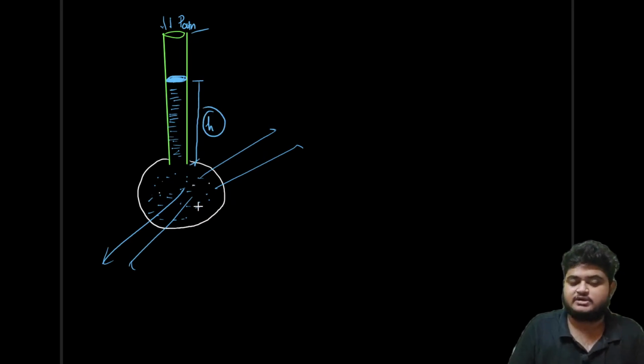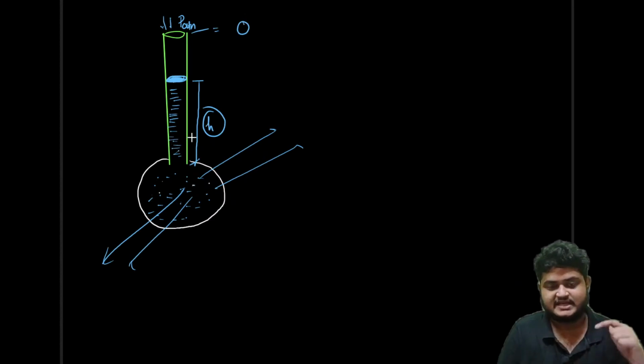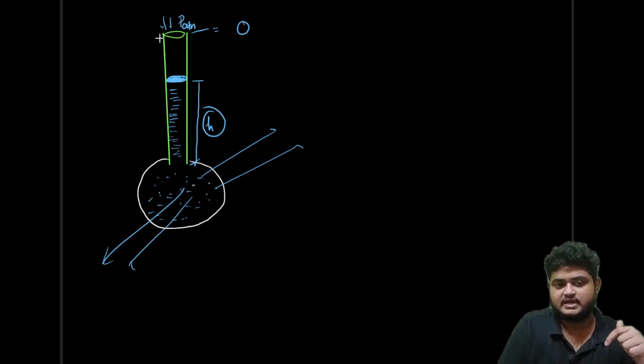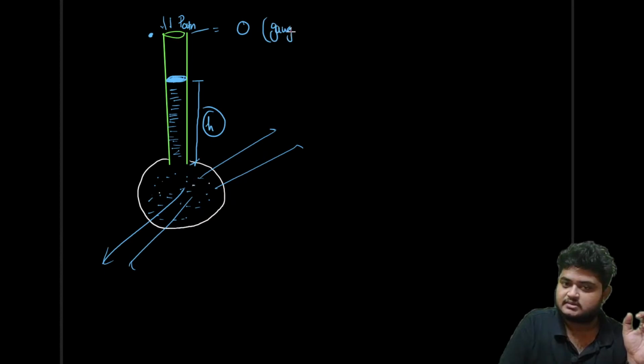We have just calculated the height, and here P atm is taken as 0, and this height will give us the gauge pressure. So if I start calculating from this point, P atm is considered 0 as this is gauge pressure.